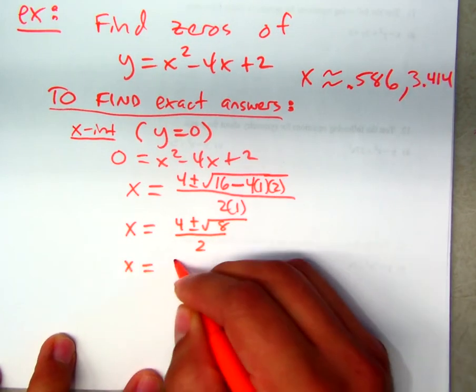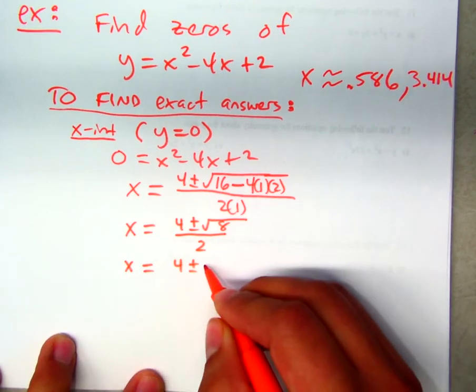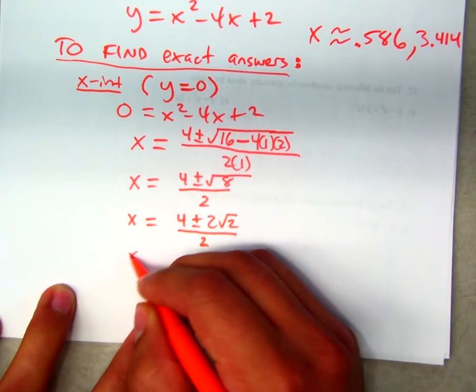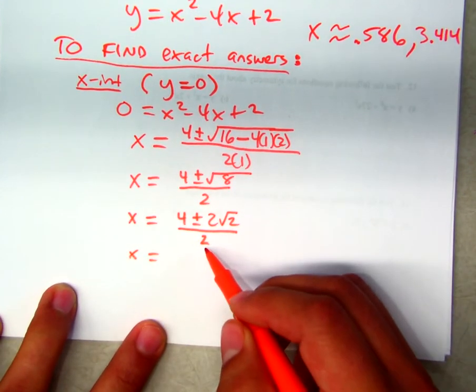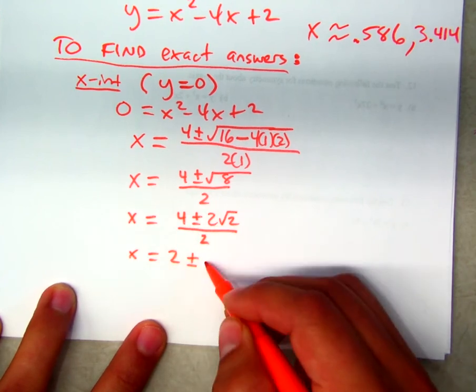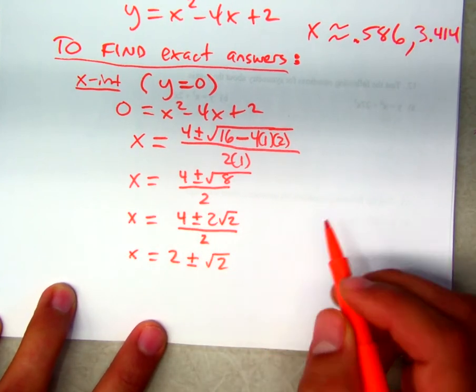What is root 8 when you reduce it? Good. And it looks like I can divide everything by 2. So 4 divided by 2 is 2. 2 divided by 2 is 1, so it's just 2 plus or minus 1 root 2.